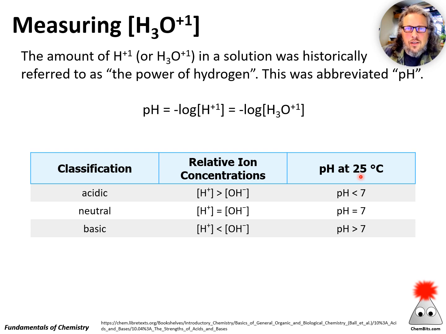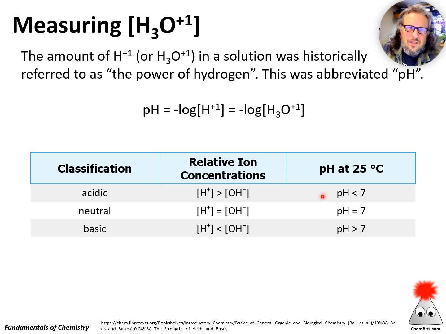Equilibrium constant values vary with temperature. So if we're at 25 degrees Celsius, neutral is pH of 7. And just to make it easy on ourselves, unless you have a reason to think the temperature is not 25 degrees Celsius, always think it's 25 degrees Celsius, because then neutral pH is 7.